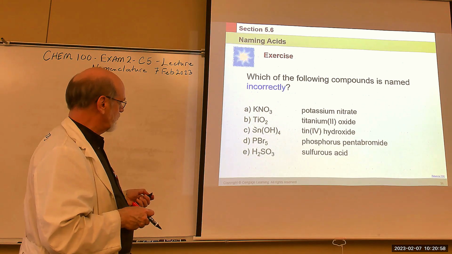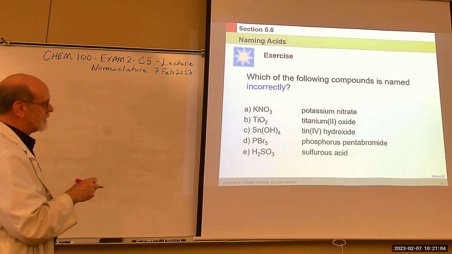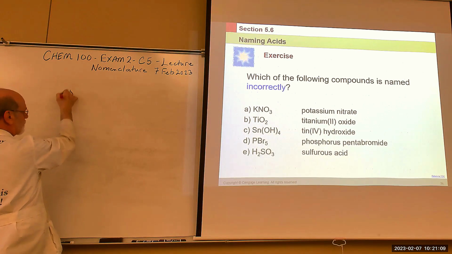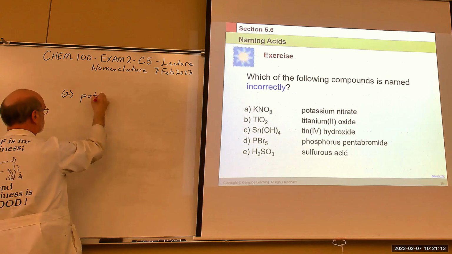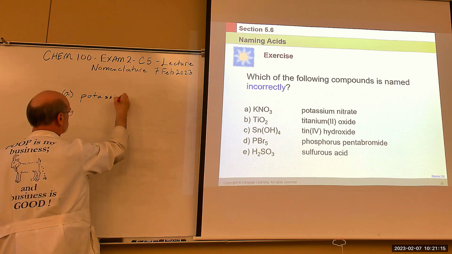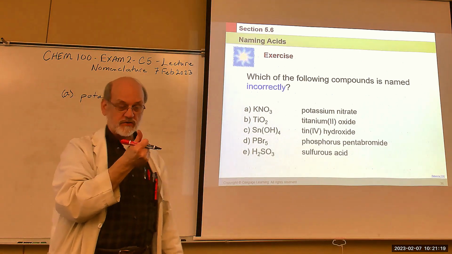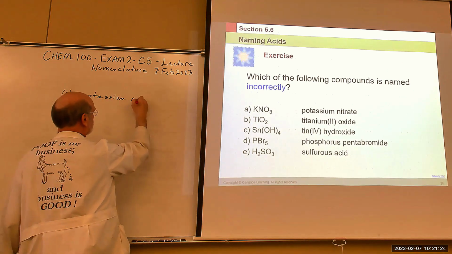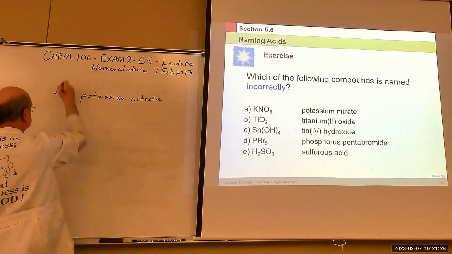No hydrogen there. Right there. That's an acid. Yeah. So let's go ahead and name the rest of them. Is this first one correct? KNO3. Well, it's potassium. And potassium is a type 1 because it's fixed charge. It's in the first column. Potassium nitrate. Yep, that was good.